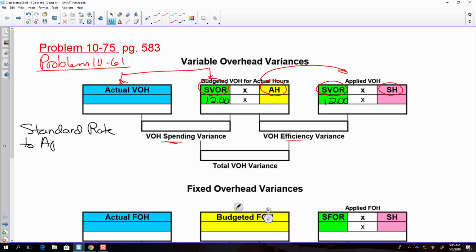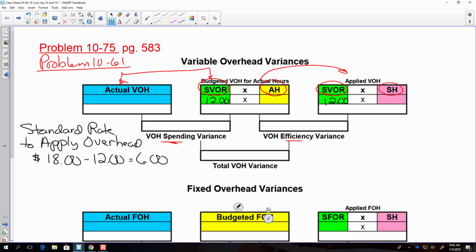How much is that in total? Does anybody see it? It's right in the beginning. 18, right? So 18 minus 12 is obviously 6. The 6 then is our fixed overhead rate.